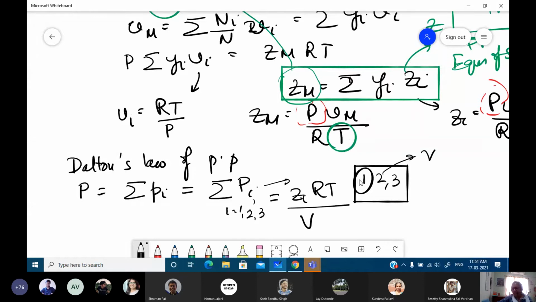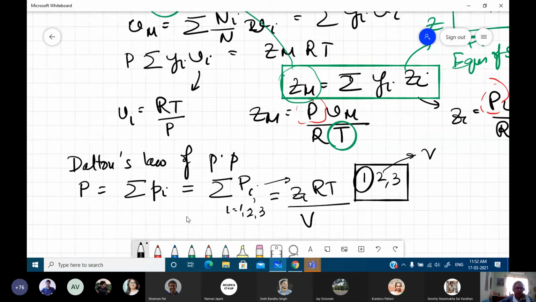But since the gases are interacting, the pressure which the individual gases exert would not be equal to the pure component pressure. Under real circumstances, Dalton's law assumes that the partial pressure and the pure component pressures are the same. This is what Dalton assumes. Am I clear to all of you?